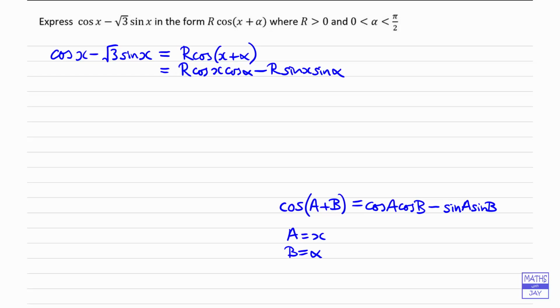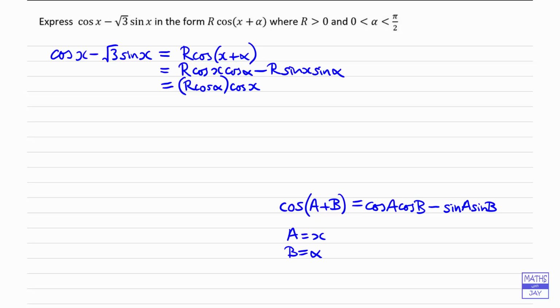And because we're going to be comparing this with the left-hand side, where we've got first of all a cos x and then something times sine x, we want to write the right-hand side in the same kind of way. So we've got the cos x term first, but we've got an r and a cos alpha multiplying it. So I'm going to make it really obvious by writing r cos alpha in a bracket and then the cos x next to that.